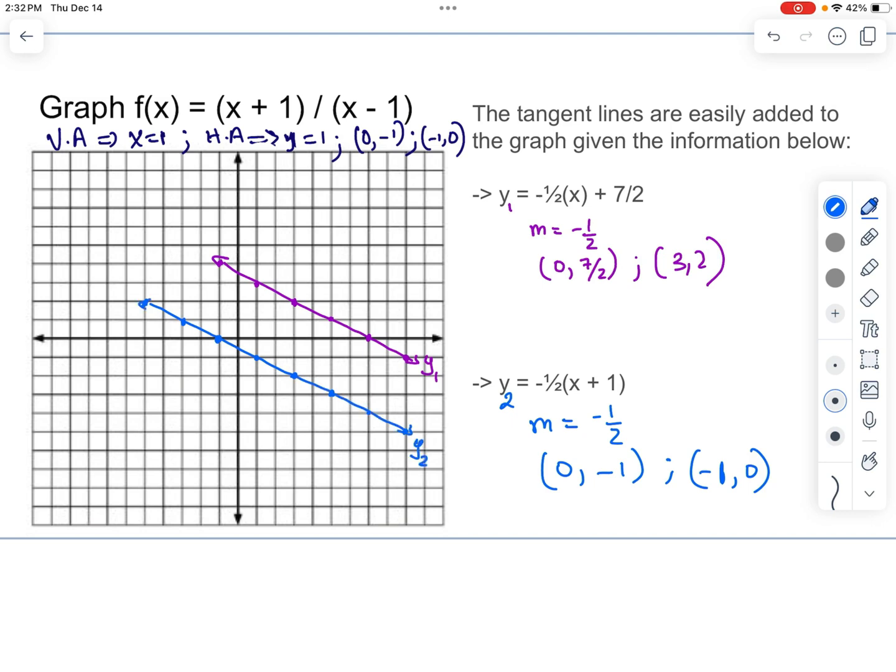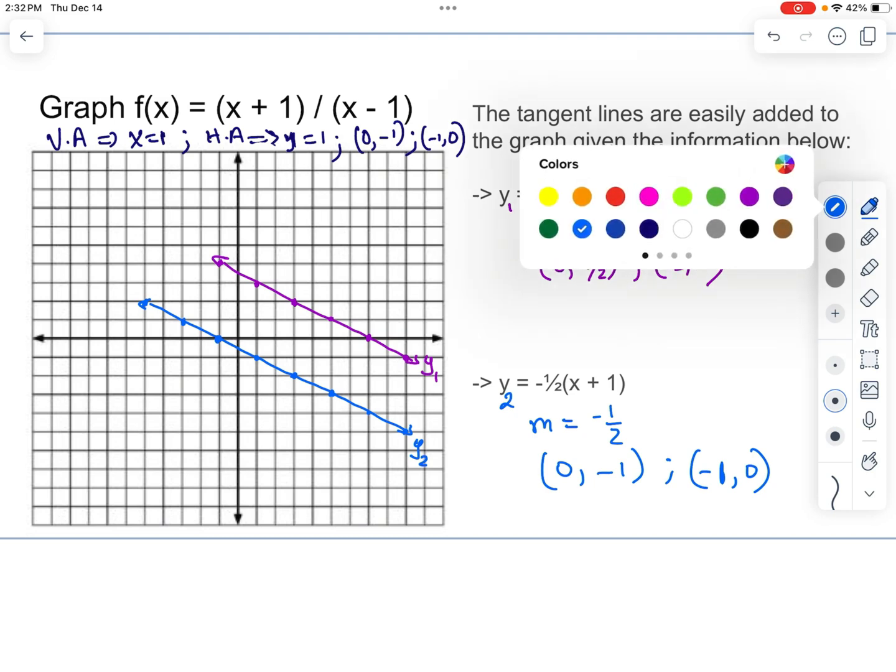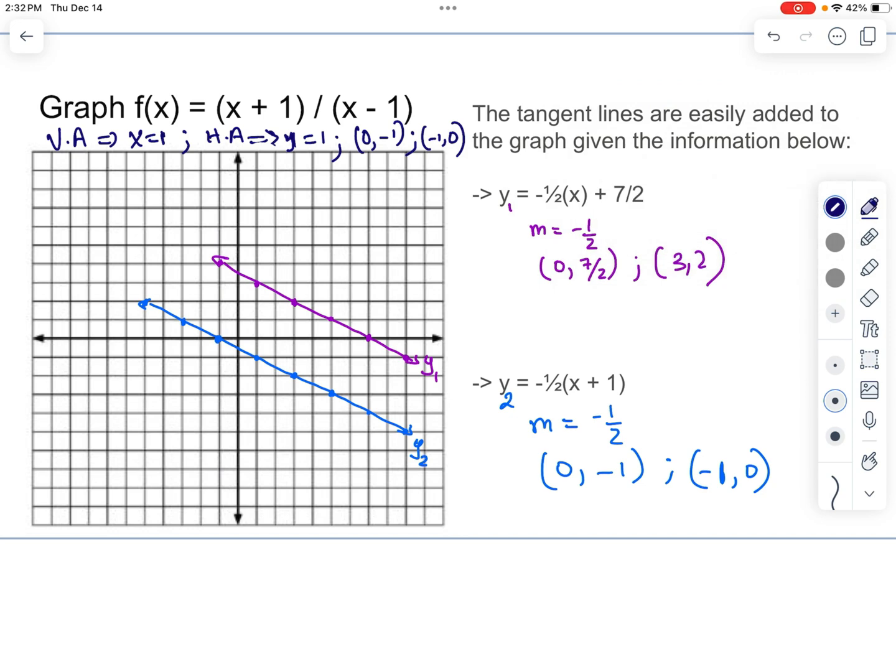y2. And finally, we get f of x. So looking at f of x, we have all the information we need to graph f of x. So let's start with the vertical and horizontal asymptotes. There goes the vertical asymptote here.